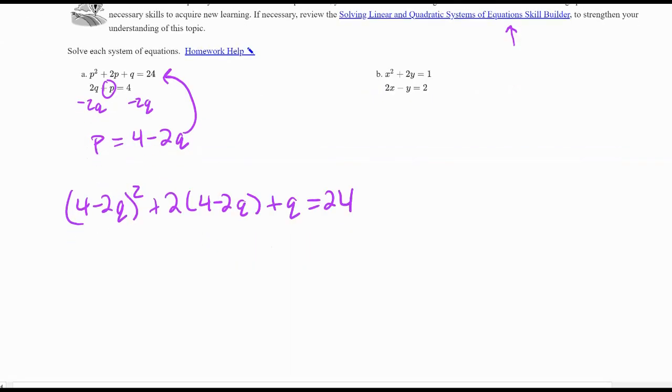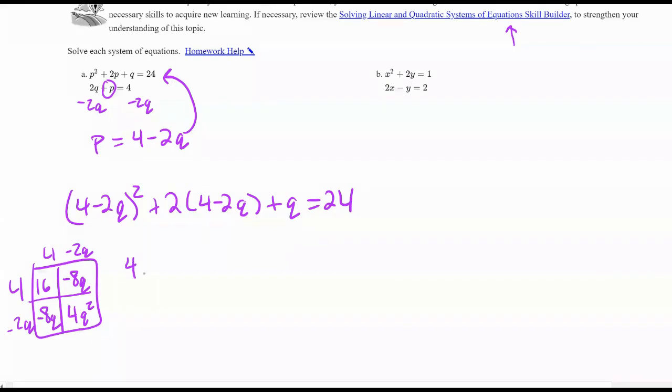Now I got to do some math to simplify this, so use the handy old box. 4 minus 2Q, 4 minus 2Q: 16, negative 8Q, and 4Q squared. So now I got in here 4Q squared minus 16Q plus 16.